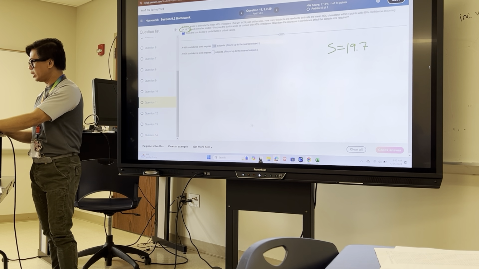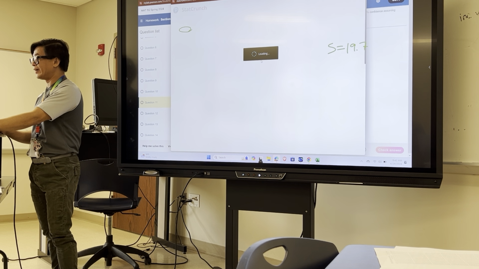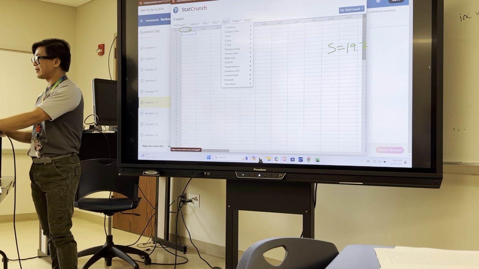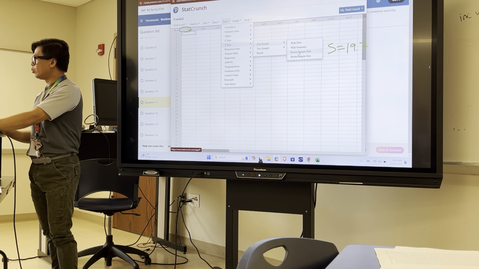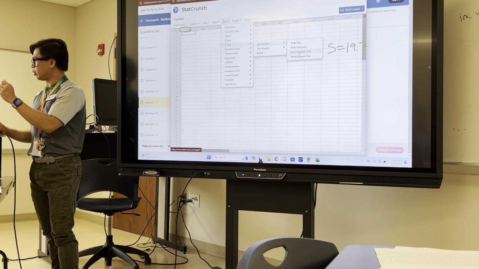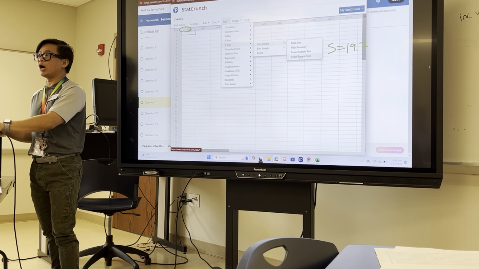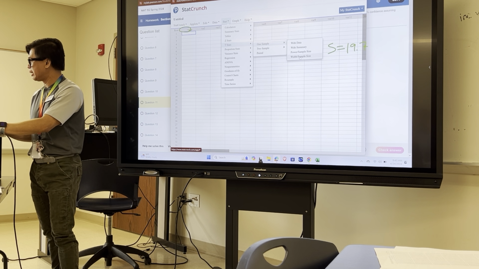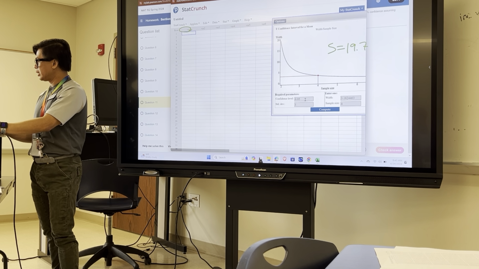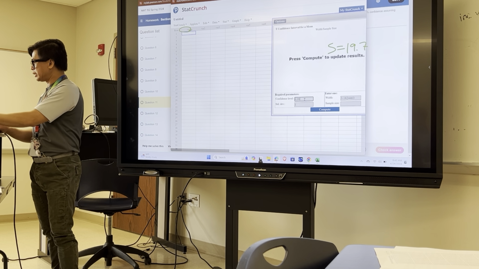Okay, so what do we do? Let's go to StatCrunch. You go to Stat, this is T stats. Let's go to one sample. We want to know the sample size with the width, because it says how many subjects are needed to achieve that 99% level of confidence. So make this 99%.